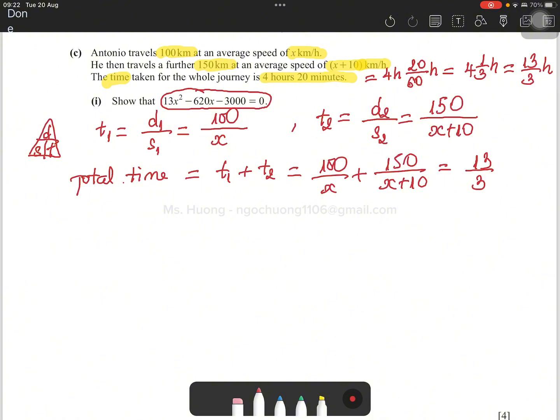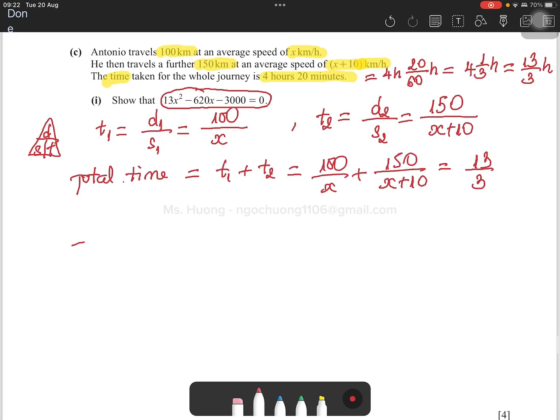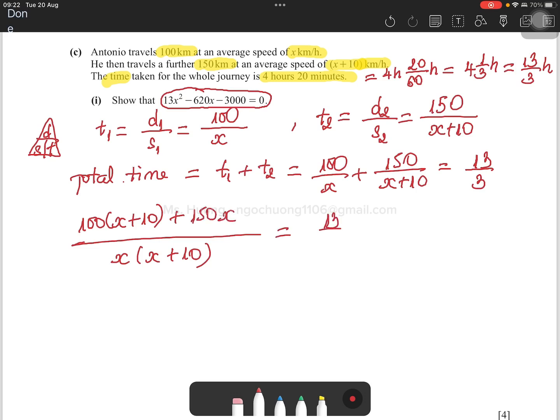First of all, we see that these two fractions have different denominators, so we need to write them with the same denominator, which is x multiplied by x plus 10. So 100 multiplied by x plus 10 and 150 multiplied by x, and everything is equal to 13 over 3 hours.